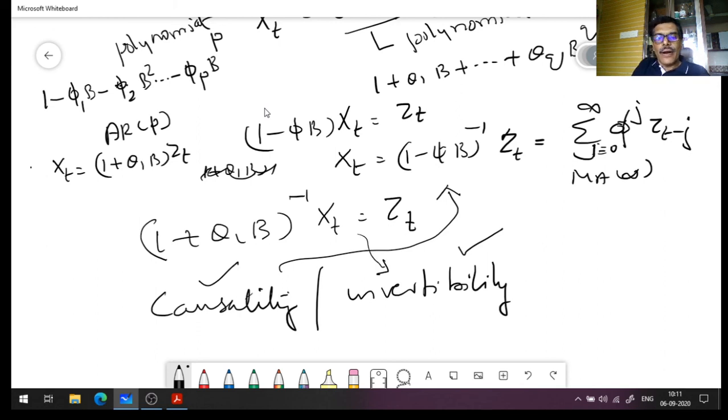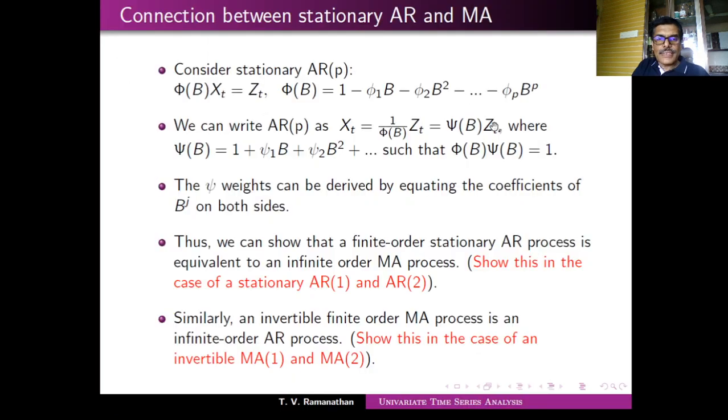Okay, let's go back. I haven't really introduced those two earlier, but here I am repeating. The causality is associated with, like you can see, stationarity, but causality is much more general. We are just demanding that you be able to write in terms of past values.